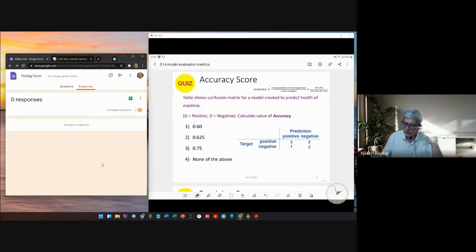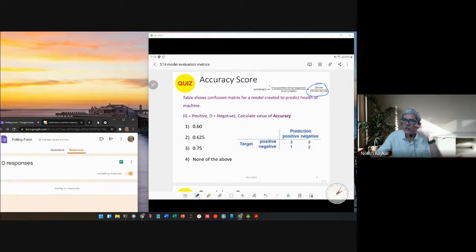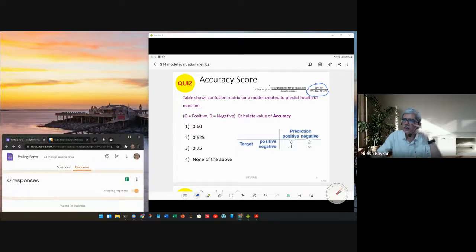Accuracy score is given by the formula which is shown here. Remember that true positive and true negative lie on the diagonal, and then calculate the score.